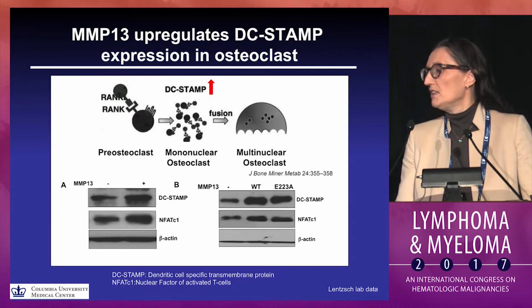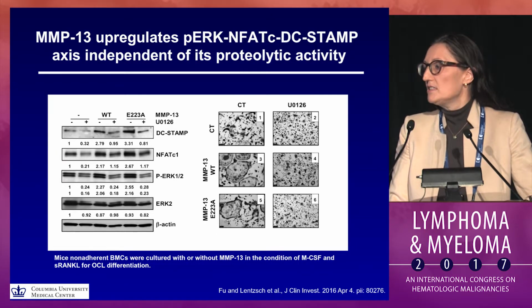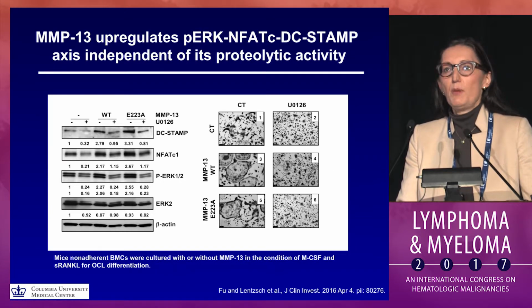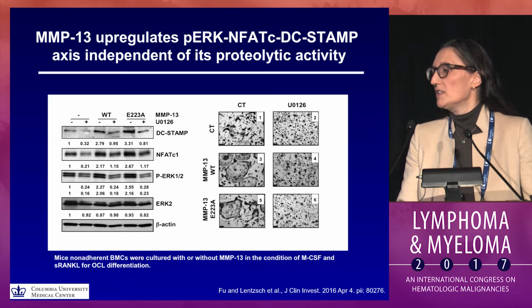Also, the upstream signal NFATc is upregulated, and we know that NFATc and DC-STAMP are also regulated by pERK. You can see nicely that pERK is activated by the wild type, but also by the mutant. And when we use a pERK inhibitor, you can see this is decreased, but also NFATc and DC-STAMP.